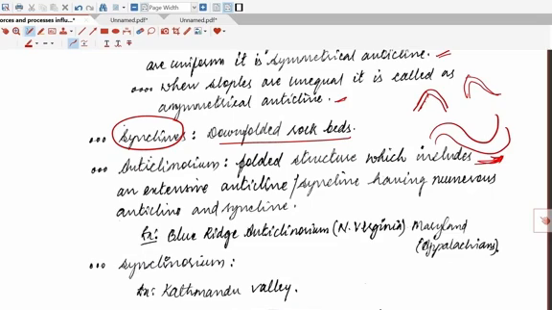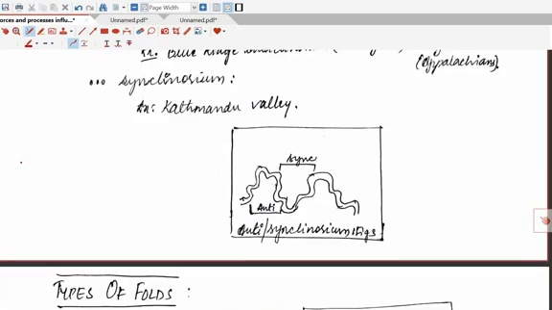And now we'll see what is an anticlinorium. I think I had a graph of this. See, many anticlines and synclines are formed into another, bigger anticline and syncline. This is called an anticlinorium.